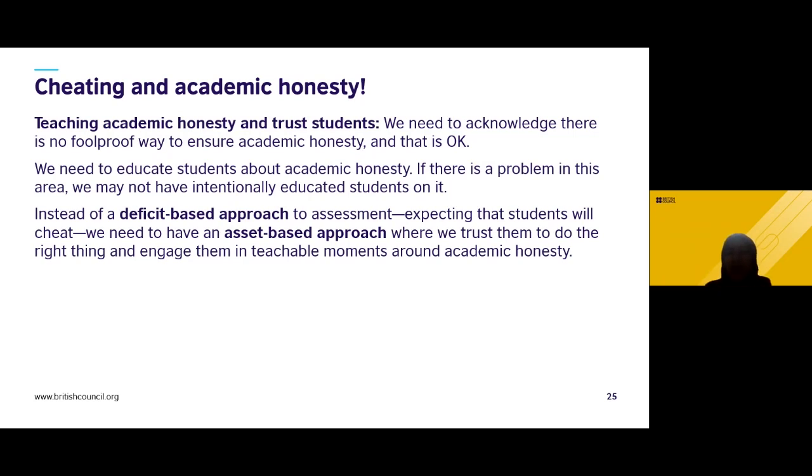Alternatively, let's promote an asset-based approach. We trust them to do the right thing because we're educating them on that. And let's engage them in teachable moments around academic honesty. Again, you can give them sessions on academic honesty and how this contributes to their own learning and their own flourishing.